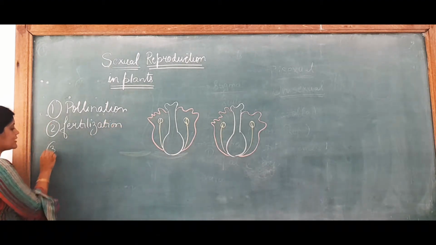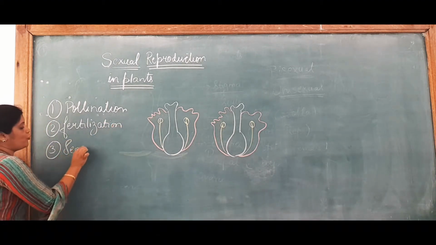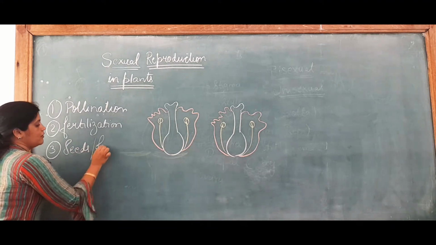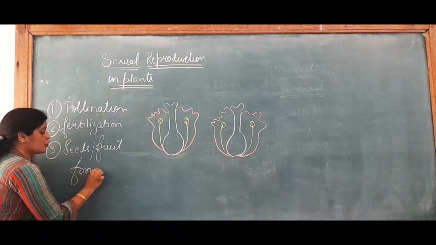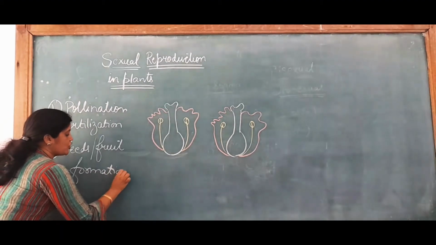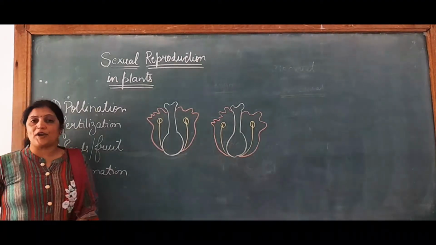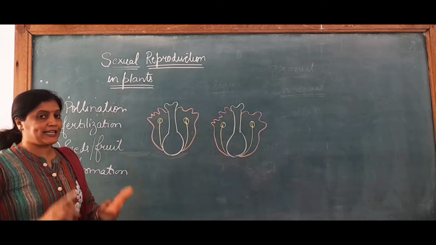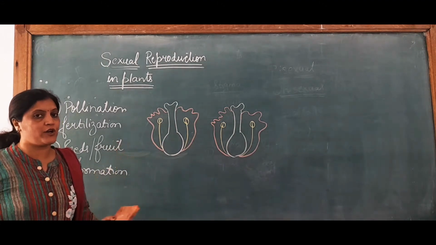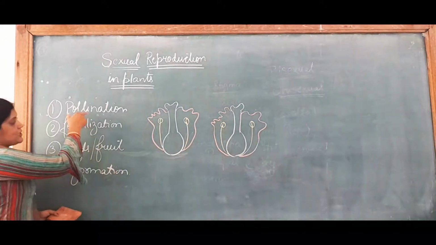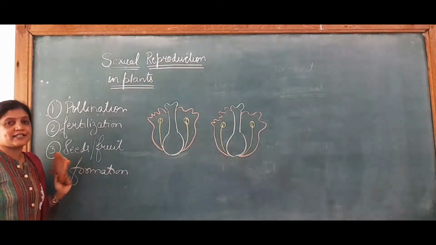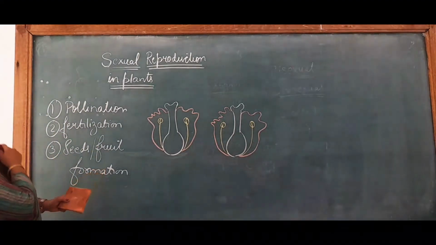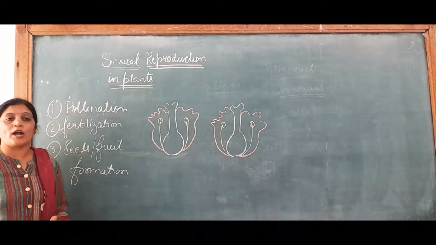And third is seed and fruit formation. So in sexual reproduction, three steps are involved, and only then does it give a new individual. So let's start with the first, pollination.